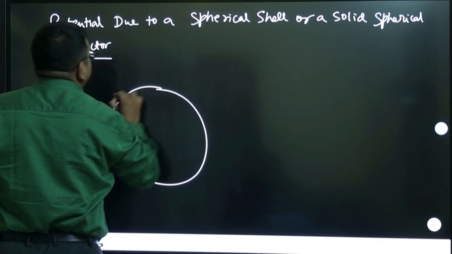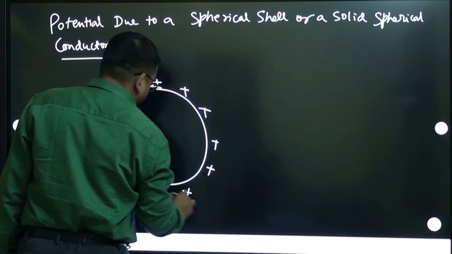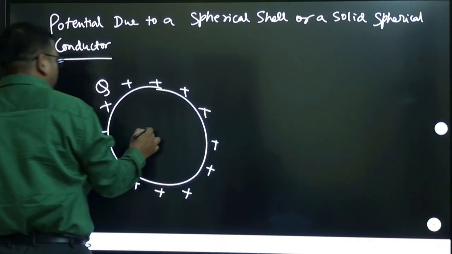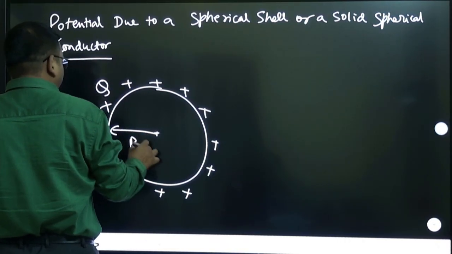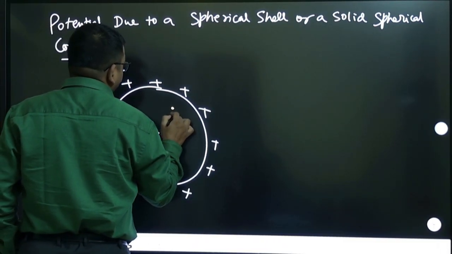Let us say that the total charge given to this conductor is capital Q, and the radius of this is R. We want to find the potential somewhere here.